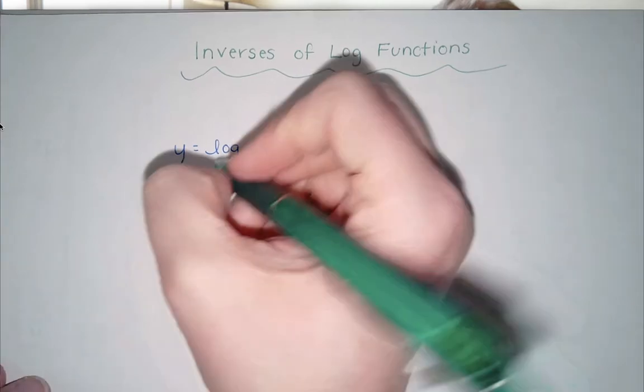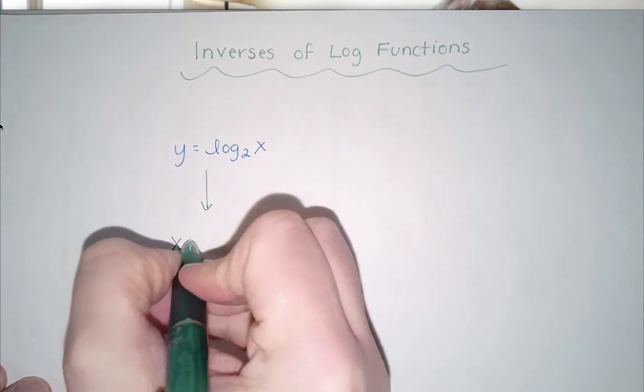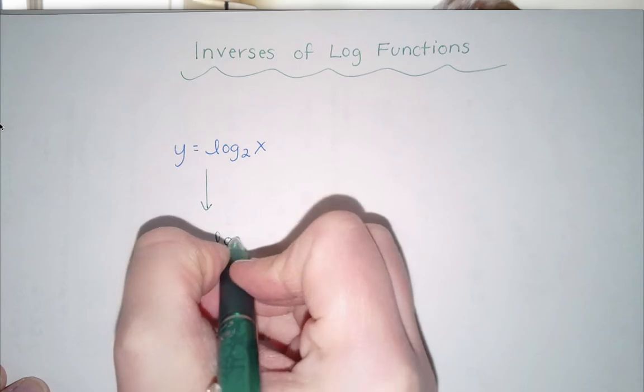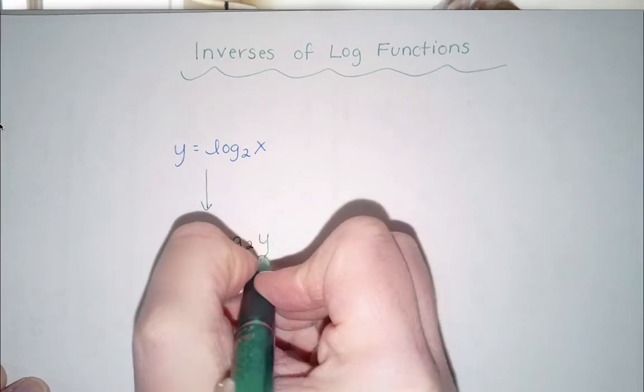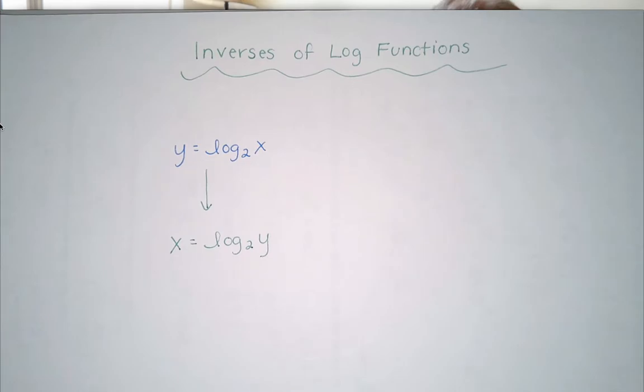So you may choose to immediately say x equals log base 2 of y. But then we need that rewritten so that the y is by itself. And the best way to do that is to move this around to exponential form, because the goal of a log is to get the exponent piece alone.